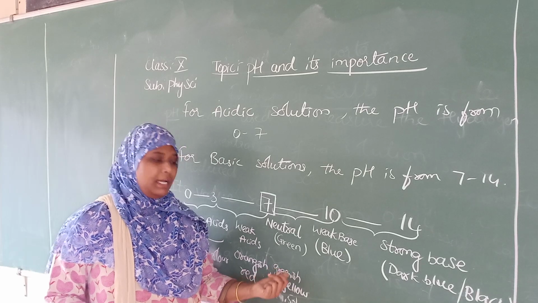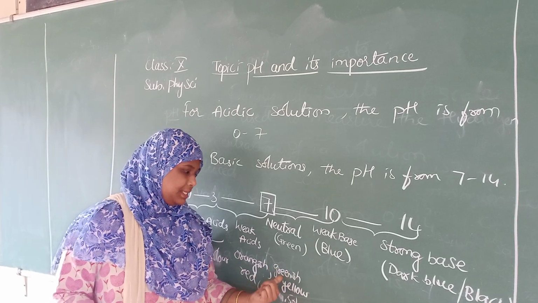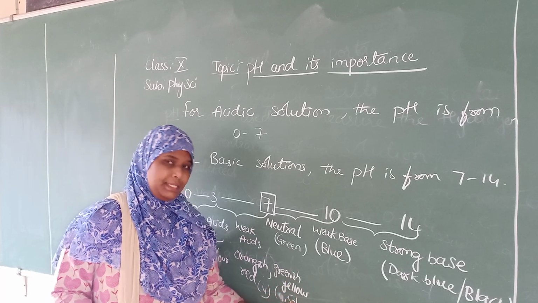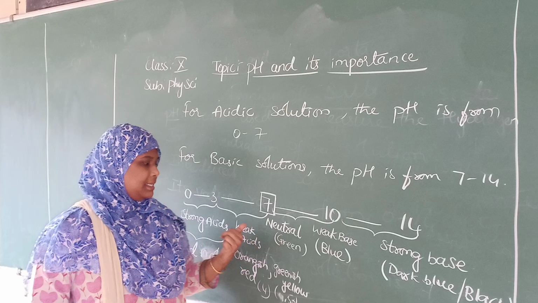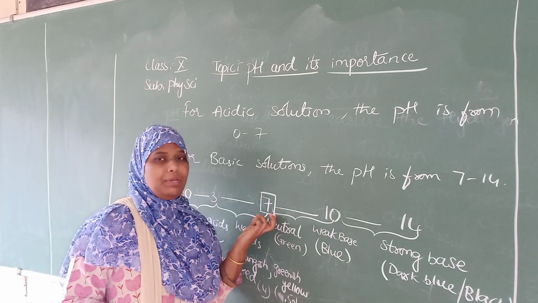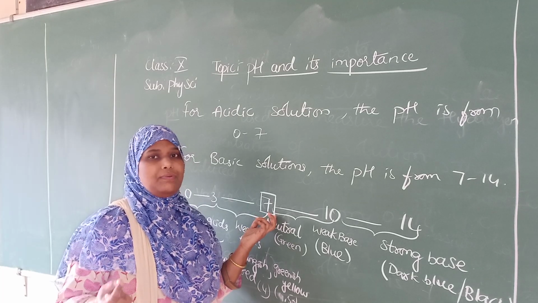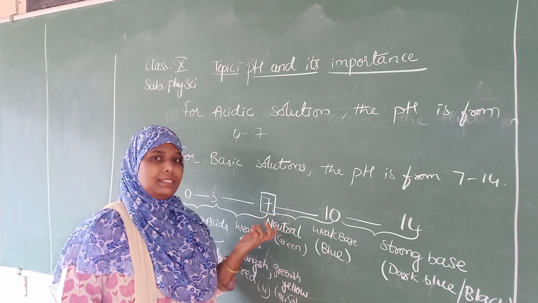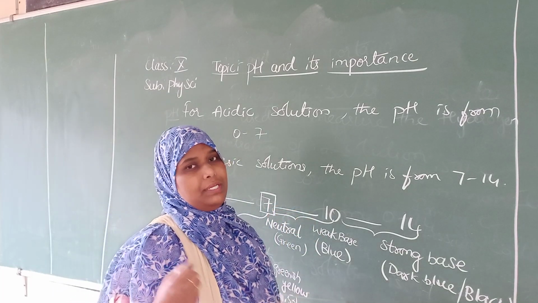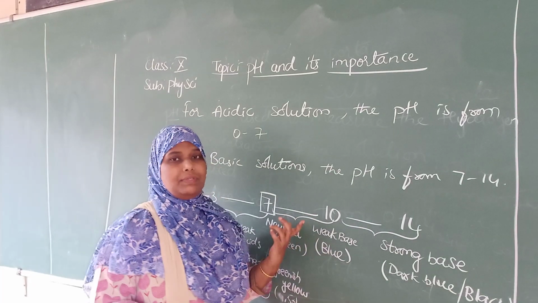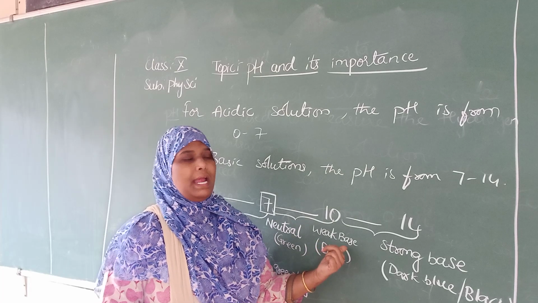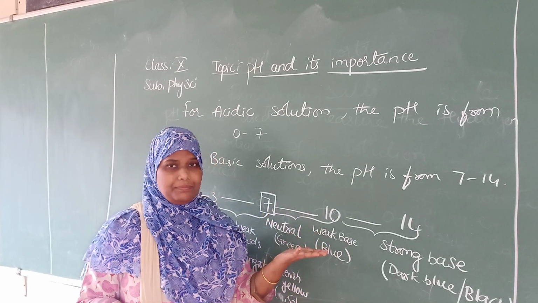If the color changes to greenish yellow, the pH would be 5 to 6 and the substance is a weak acid. If the pH strip changes to green, then the substance is neutral. Similarly, if the strip changes to blue, it is a weak base and the pH would be around 8 to 10.